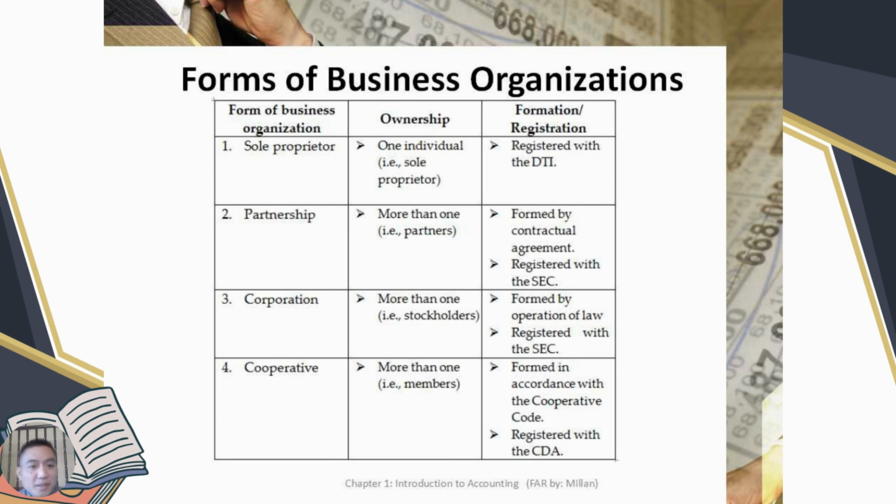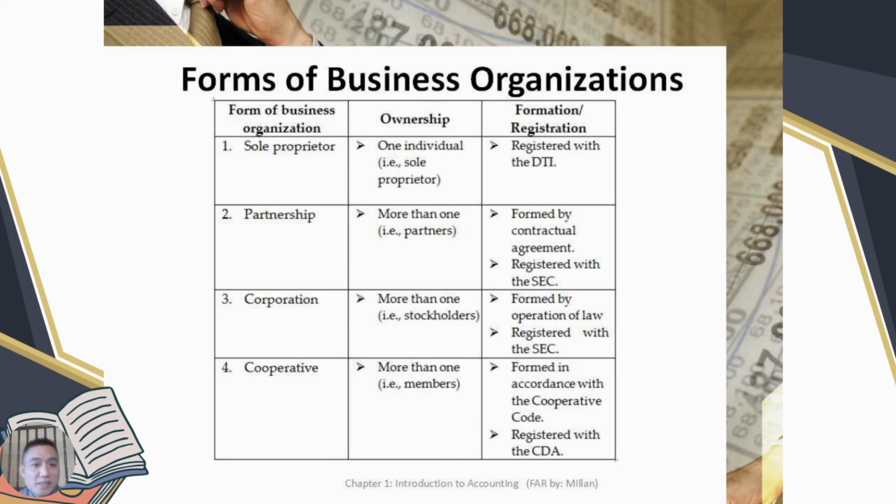We call the owner of the sole proprietorship the sole proprietor, the owners of a partnership partners, the owners of a corporation stockholders or stakeholders, and the owners of a cooperative members.